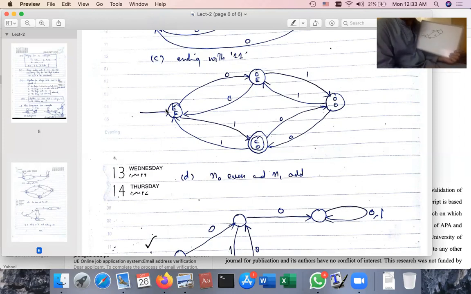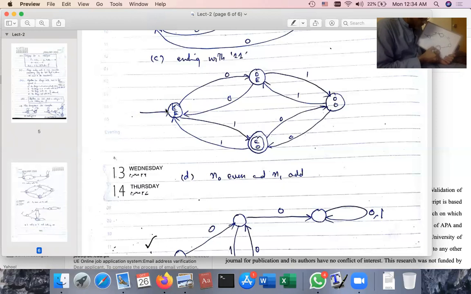I am drawing this FA according to the notes, so that's why it can be a little bit different. But I am drawing according to the notes so that you can understand. So if I draw in this way, 0 and then maybe 0 and then maybe 1.